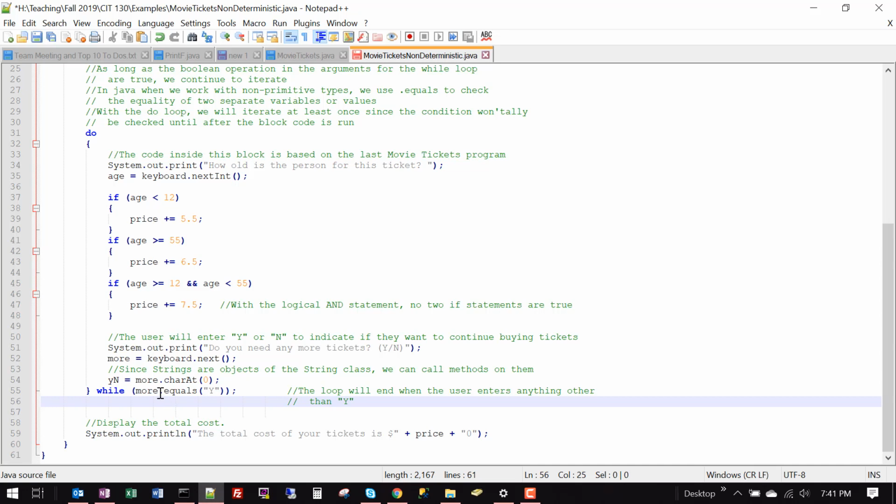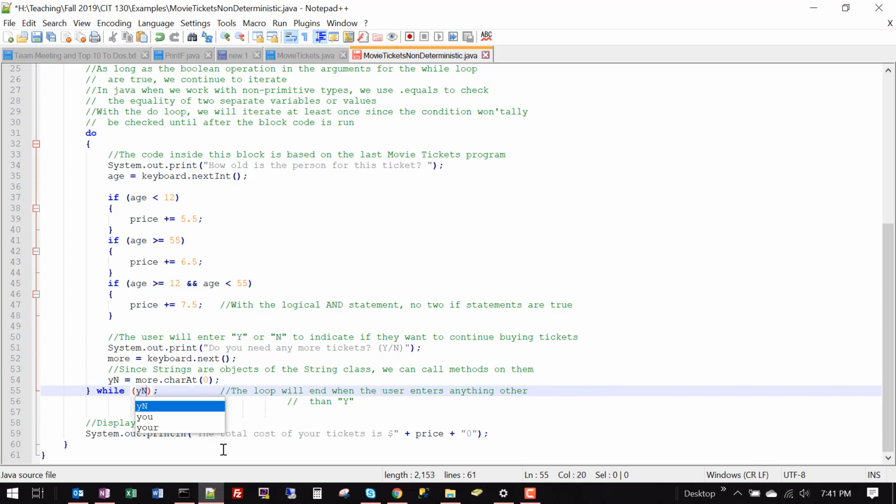So now what we can do is change this from more equals to yn equals Y. This will allow them to put in yes with a capital Y, yes with a lowercase y, yep, yeah, you betcha, all of the above.